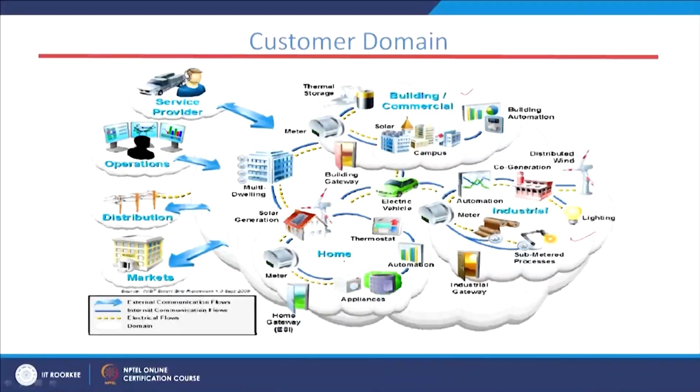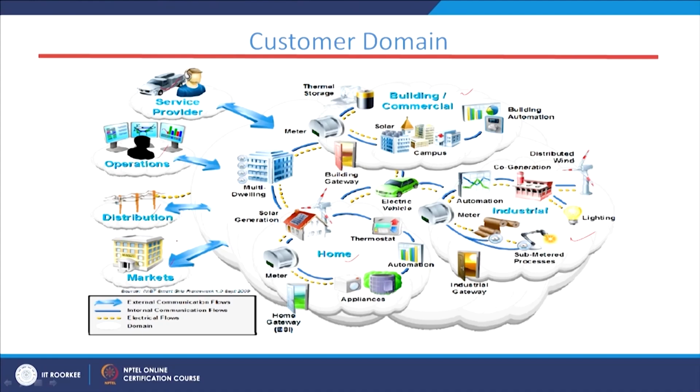Now, if you will come, it is a very important figure I will say, where you could see all the customers together. You could see this is the commercial building part, this is the industrial part, this is the home, and these are all the service, operation, distribution and markets.